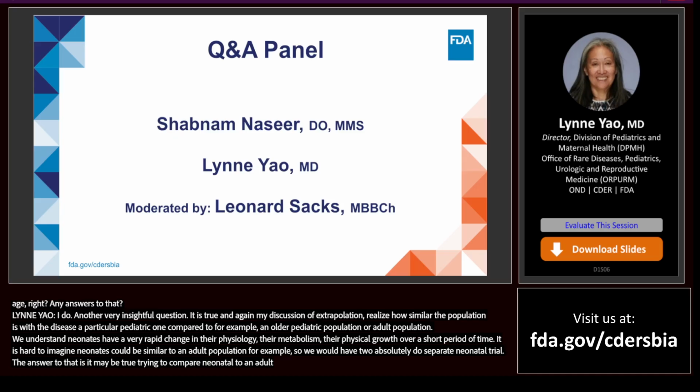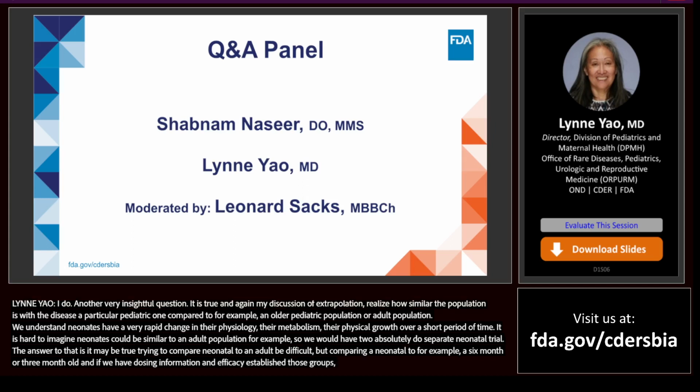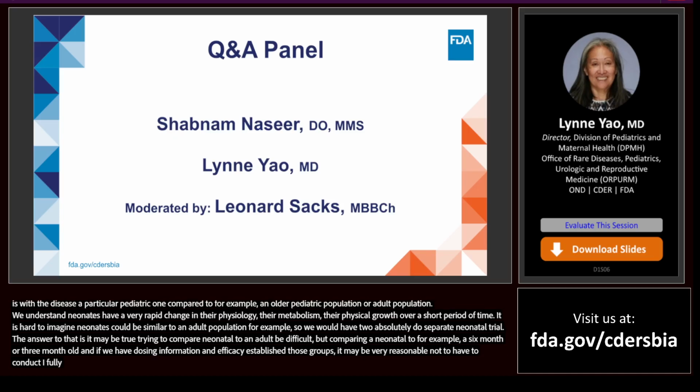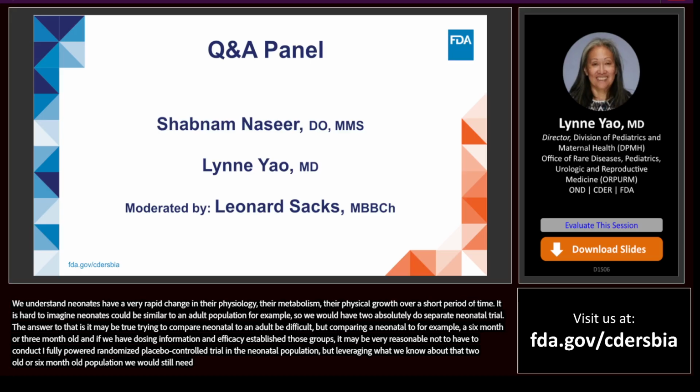But comparing a neonate to, for example, a 6-month-old or a 3-month-old, and if we have dosing information and efficacy established in those groups, it may be very reasonable not to have to conduct a fully powered, randomized, placebo-controlled trial in the neonatal population, but leveraging what we know about that 2-month-old or 6-month-old population, we would still need to collect probably safety information, and yes, to your point, dosing information, because we recognize that those metabolic enzymes develop rapidly during the neonatal period.